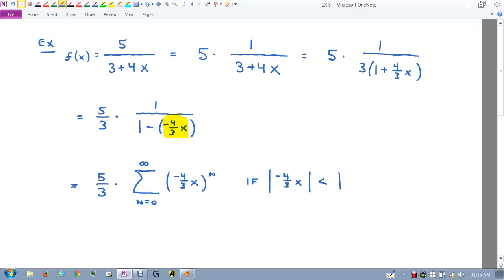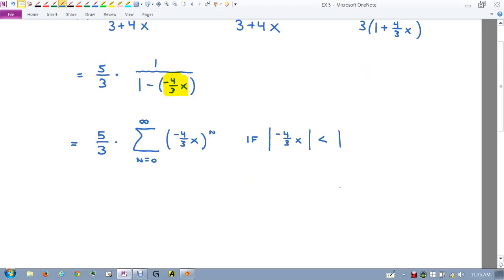But we can't leave it like that because we got that negative 4/3 in front of the x, all of it to the n. So why don't we split that up, right? 5/3 sum n equals 0 to infinity. How about we put negative 4/3 to the n and then x to the n? Is that all right with you?